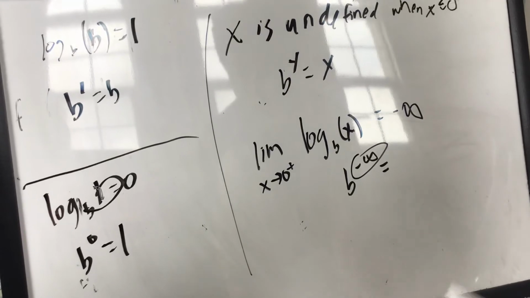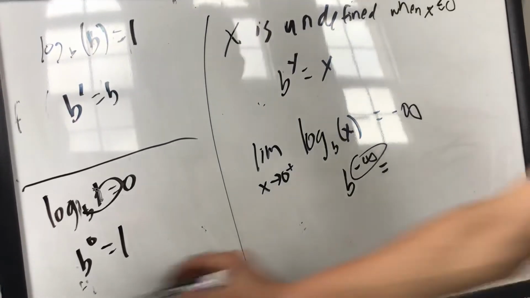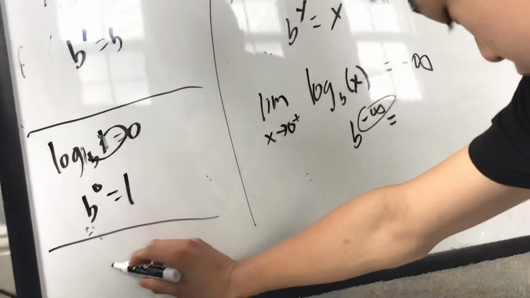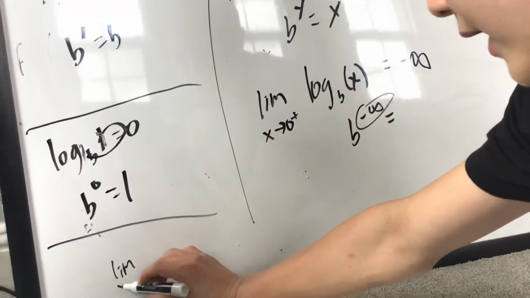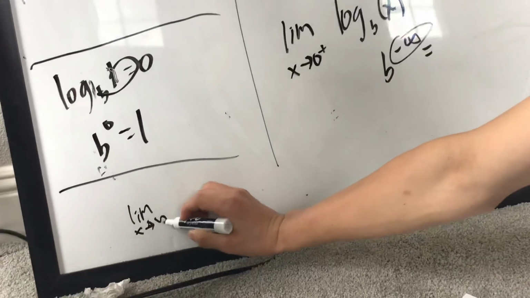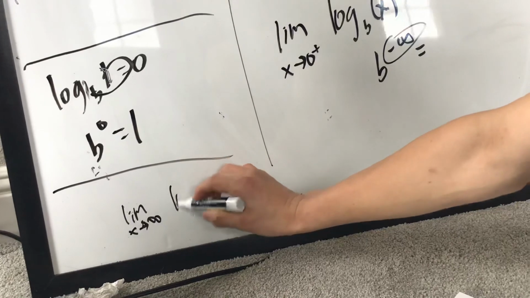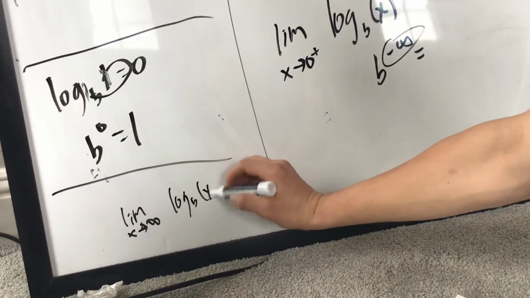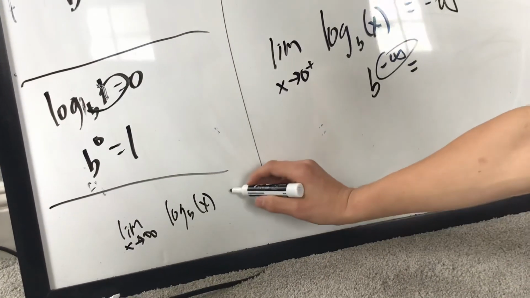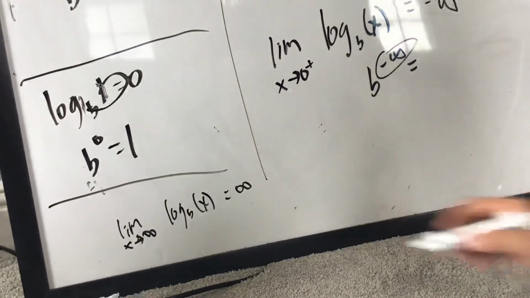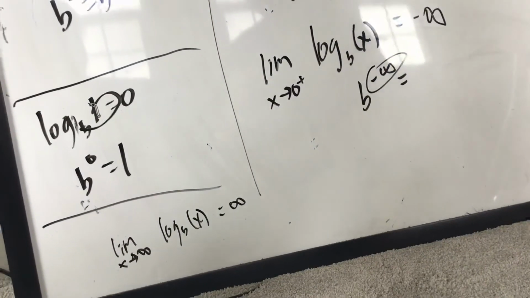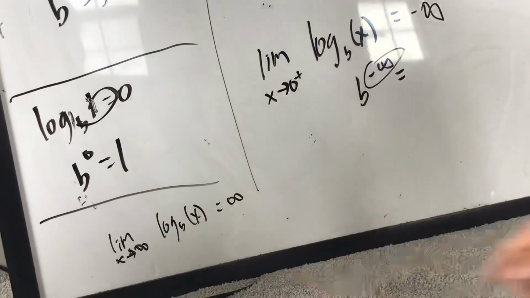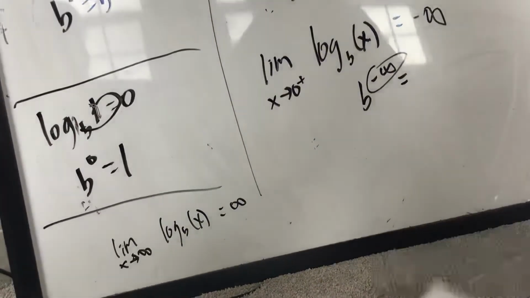Last one, before I give you guys some practice problems, is the limit as x approaches infinity of log base b of x will always be infinity. And that's pretty self-explanatory, because if x keeps increasing, the exponent also has to increase and increase and increase.